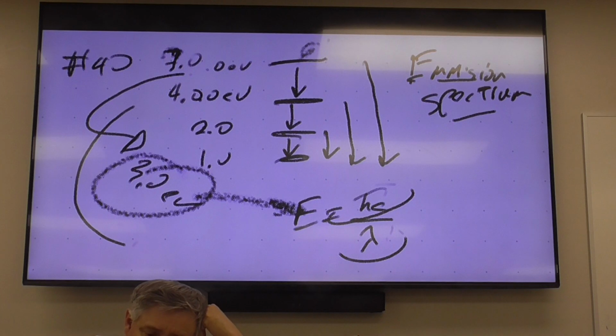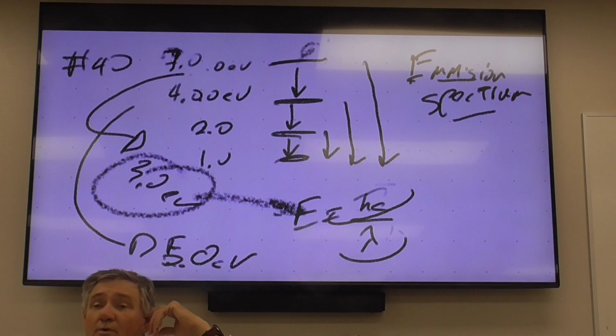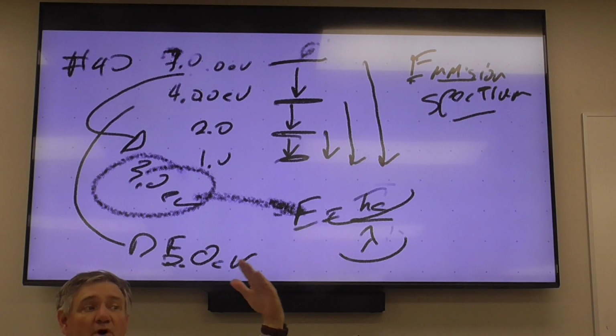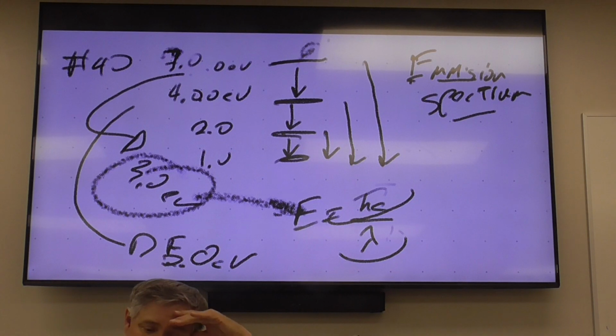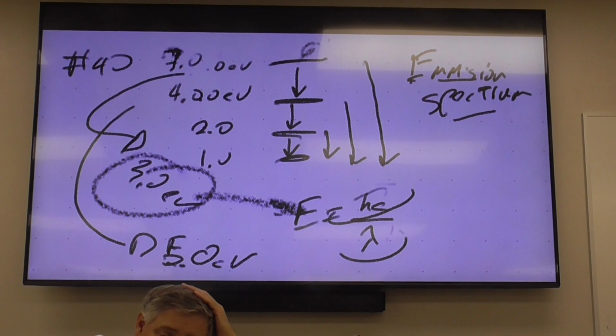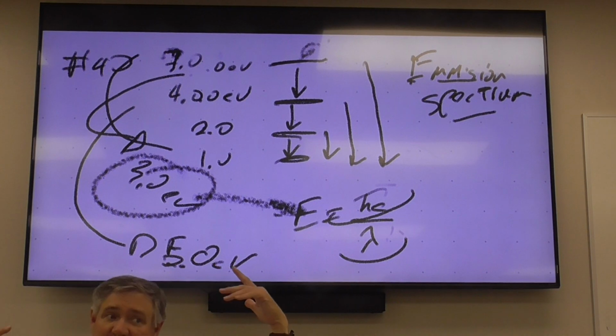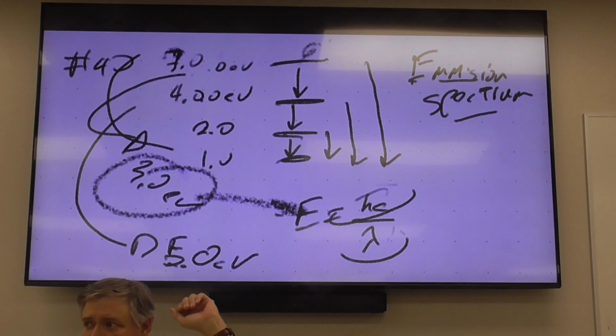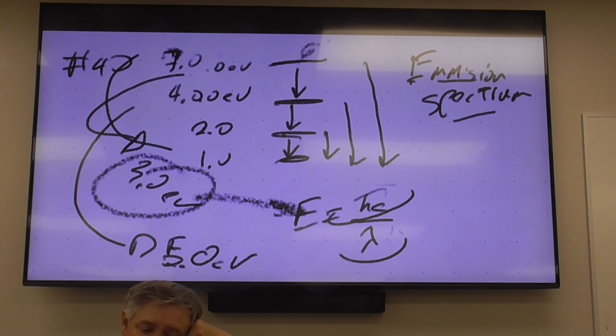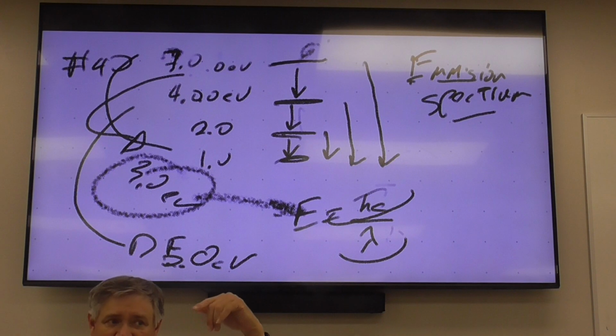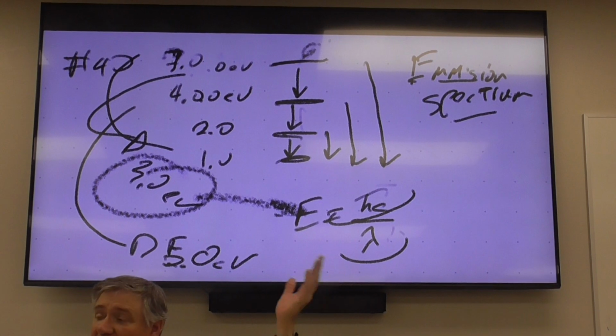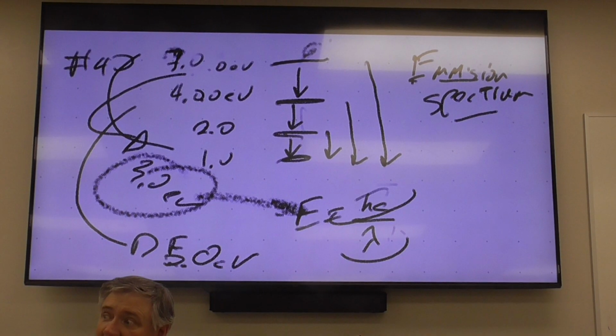That would be a 5 electron volt difference. So on the way down, you look at all these different possibilities: 7 to 4, 7 to 2, or all the way from 7 down to 1, which would create a 6 electron volt difference. Of those transitions, which one produces the shortest wavelength? 7 to 1. Why? Because it's the most energy.